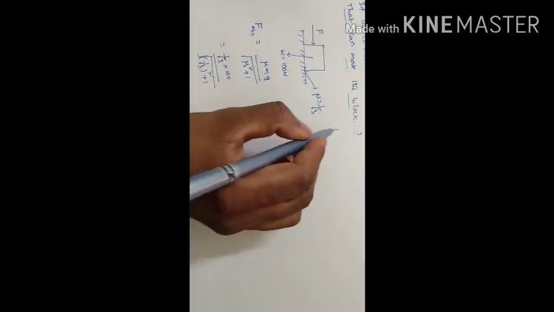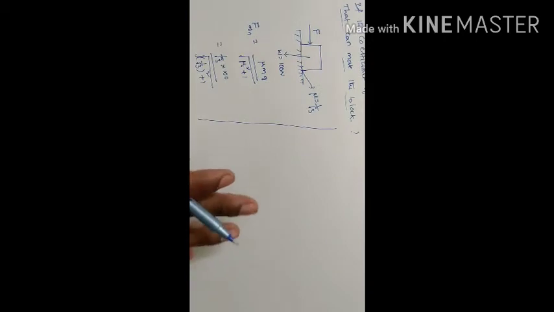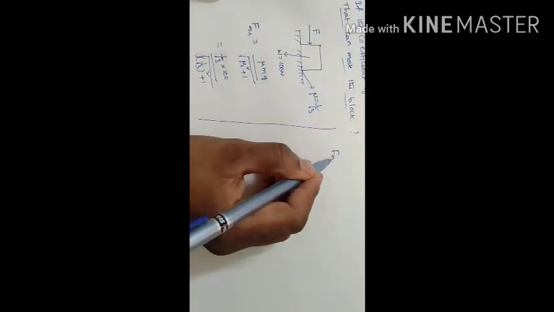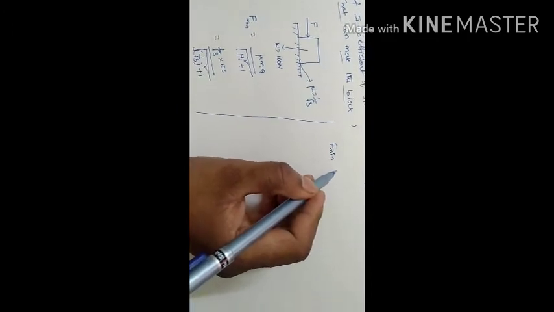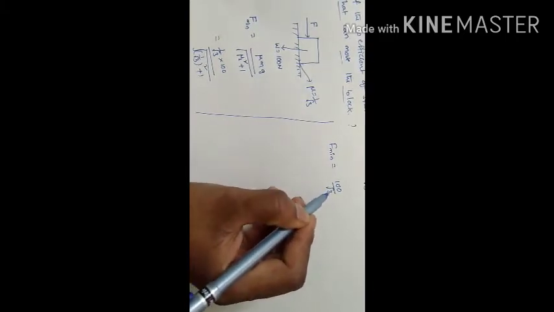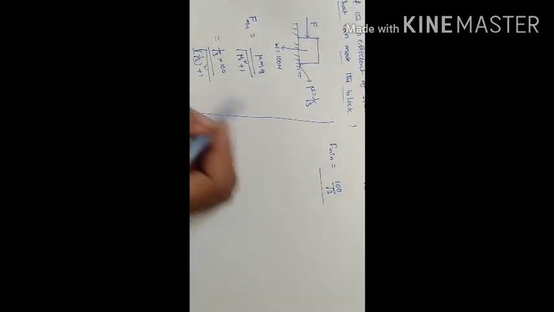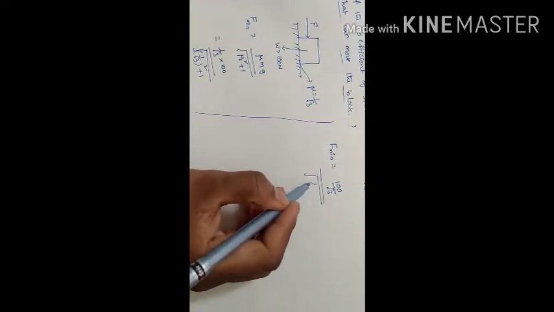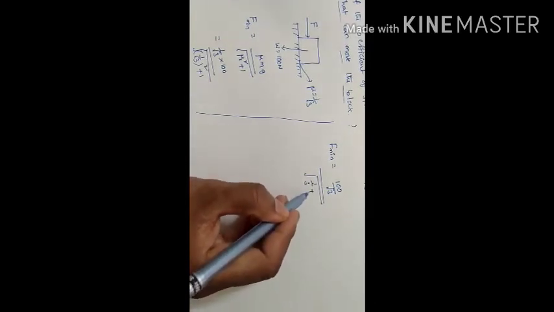And mg, the weight of the body, is 100. So F minimum equals 100 by root 3, divided by root of (1 by root 3) whole square plus 1.